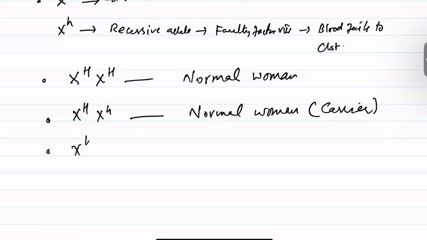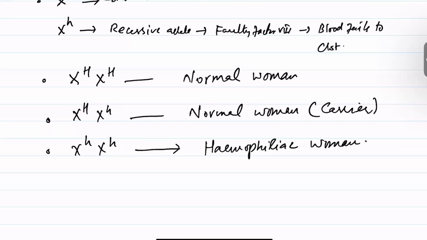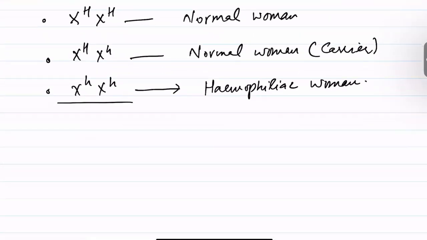And this would be X, H small and X, H small, so this is homozygous recessive, and this is a hemophiliac woman. So these are 3 possible genotypes in women and 2 possible phenotypes.